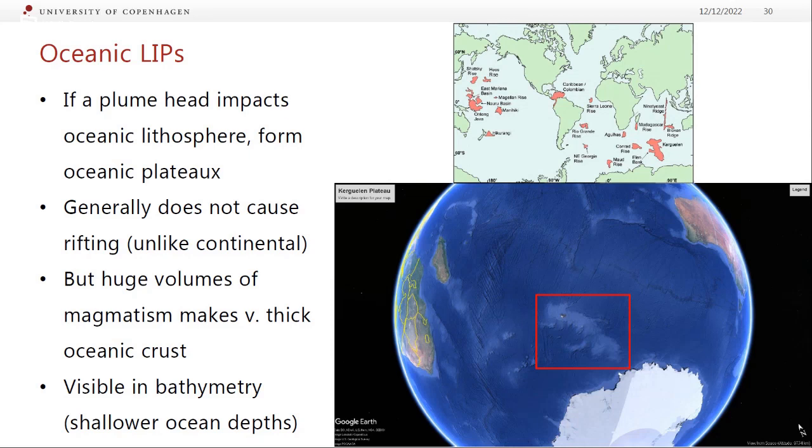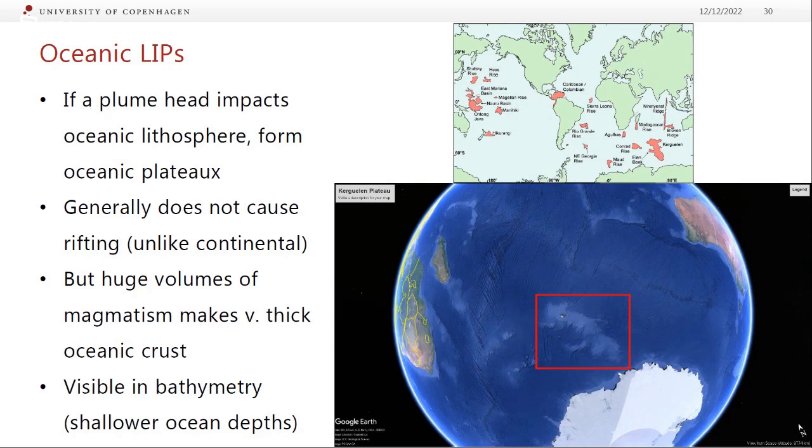What these are is the areas where the oceanic crust is very, very thick because you had old oceanic crust and basically just dumped a ton of lava on top of it. I'm not going to cover this much in the course, but it's quite cool. I can't remember how old Kerguelen is. It might be like 130-ish million years, 140, something like that.